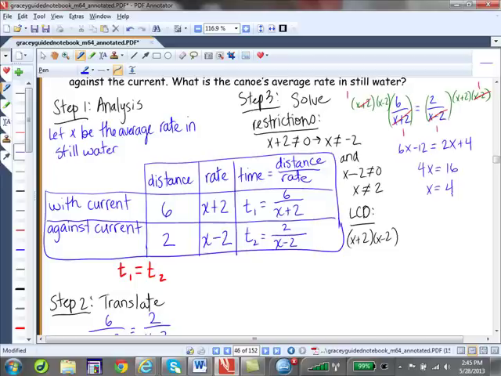So we found the canoe's average rate in still water. So we just need to write our conclusion in words.